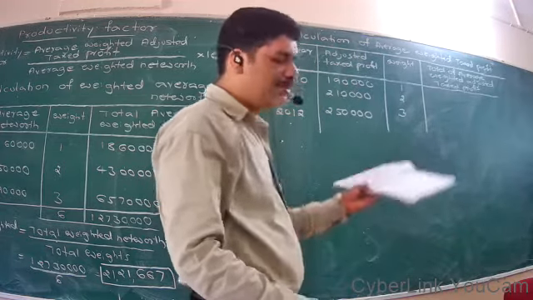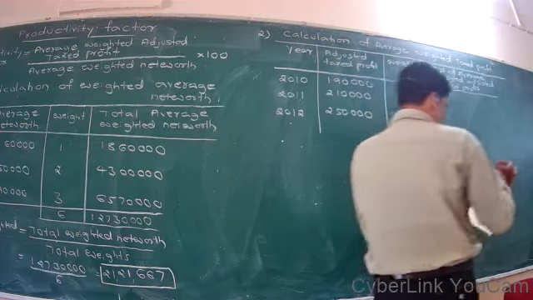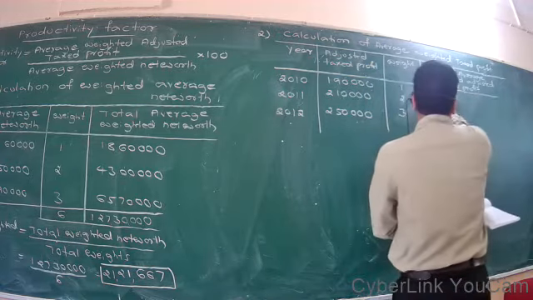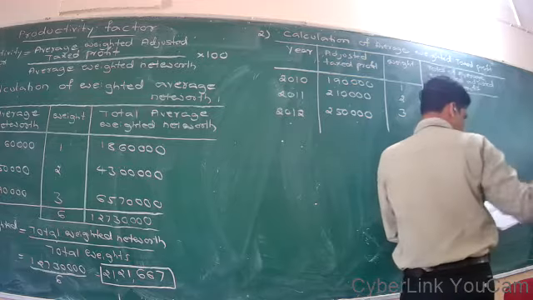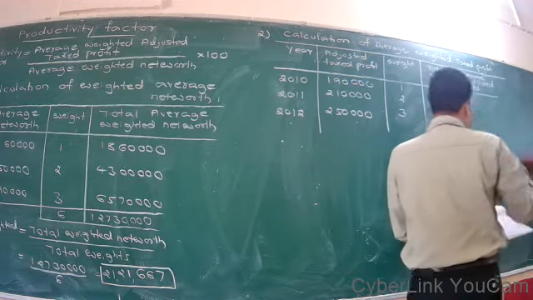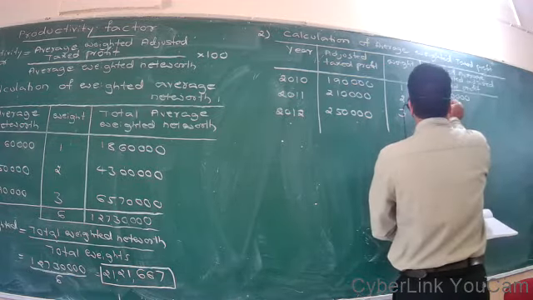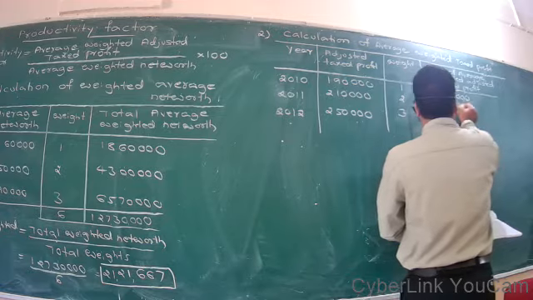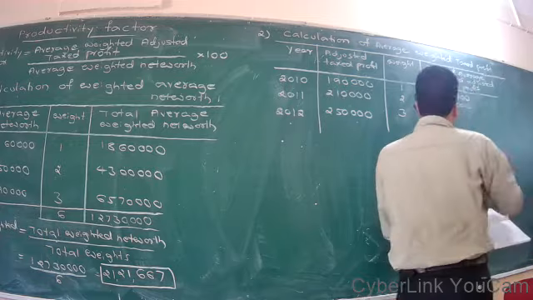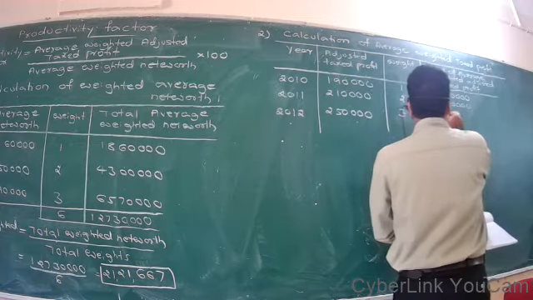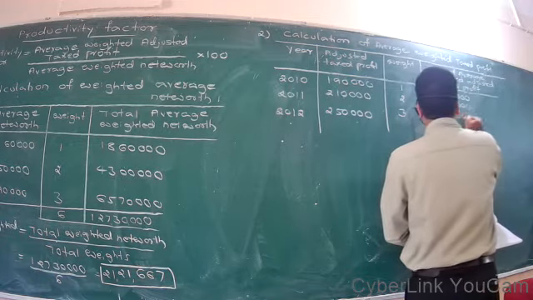Okay. Multiply it. 1 lakh 90,000 into 1. So amount is 1 lakh 90,000. And 2 lakh 10,000 into 2, 4 lakh 20,000. And 2 lakh 50,000 into 3, so 7 lakh 50,000.